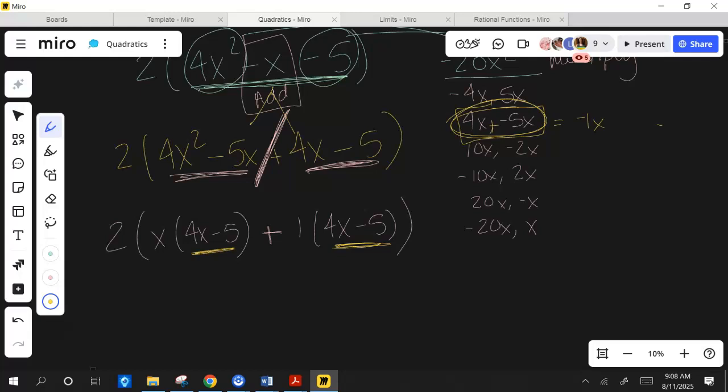Just like I pulled an X out of the first 2, I'm going to take the 4X minus 5 out of these 2 now. If that confuses you, whatever's written twice, write it once. Scratch it out. So if I take the 4X minus 5 out, what I'm left with is X plus 1.